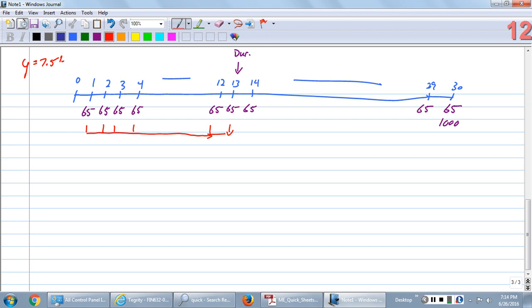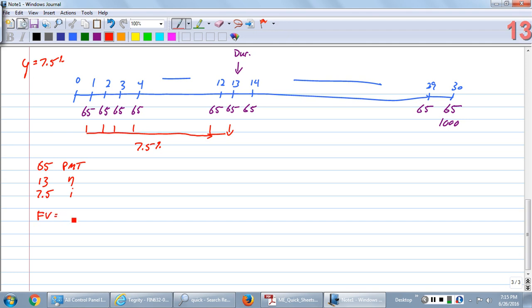The assumption is that you're reinvesting all of these cash flows every time you get them, and you're earning 7.5%. If that's the case, let's see how much money you will have accumulated at year 13. You would have received a $65 payment, 13 of those, invested at 7.5%. Let's see what that's going to have grown to. I'm going to plug in what I've got here: 65 is the payment, 13 is N, 7.5 is I. Solve for future value.